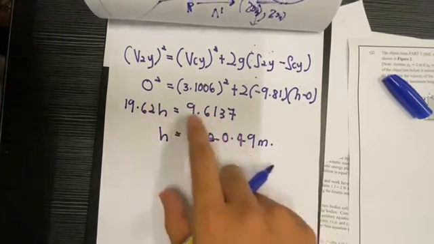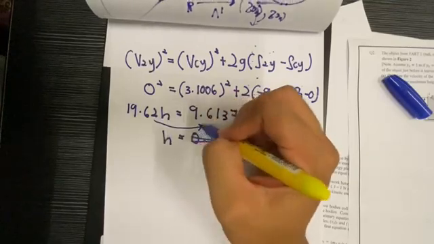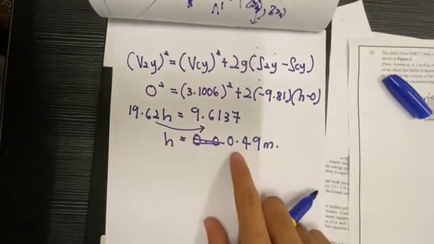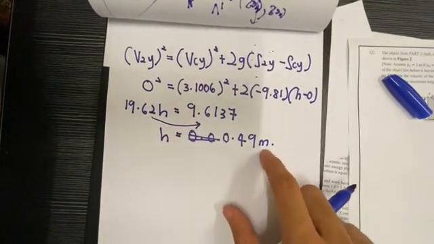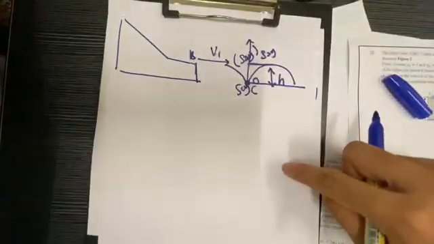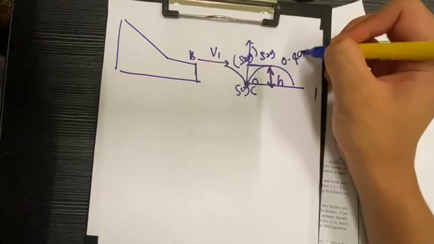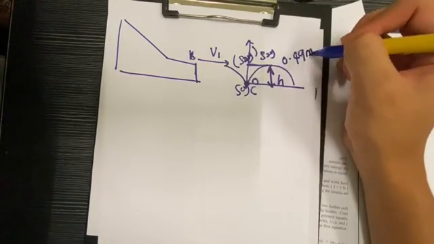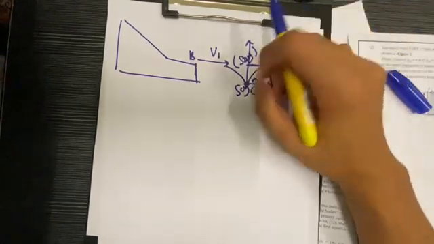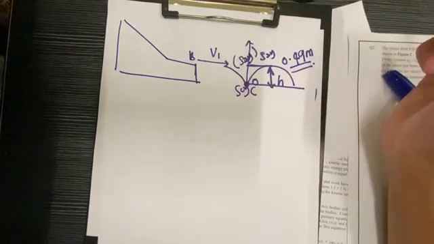Dividing, we get h equal to 0.49 meter. So the height is 0.49 meter. That's all for question 2.